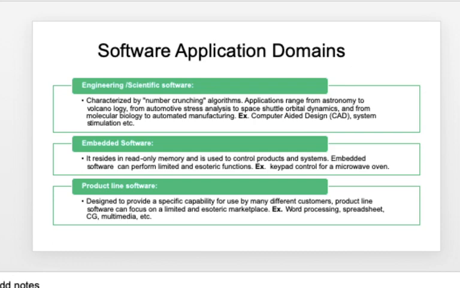Then we have the product line software, designed to provide a very specific capability to many different customers. One simple example of this is word processing software, spreadsheets, or computer graphics and so on.